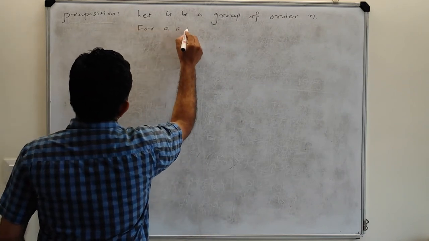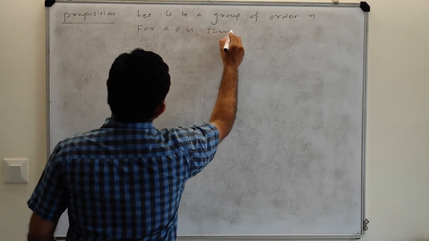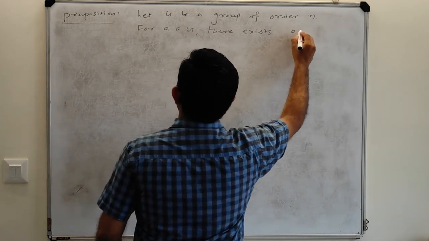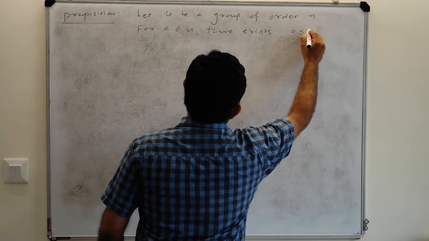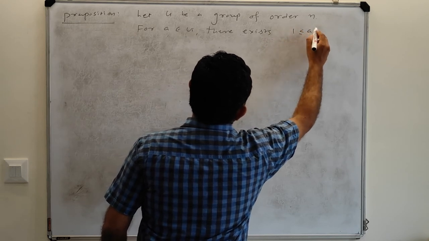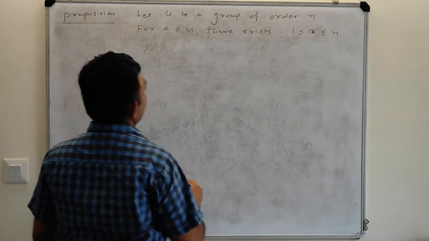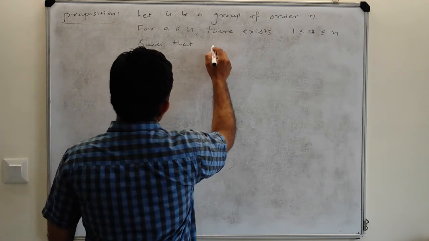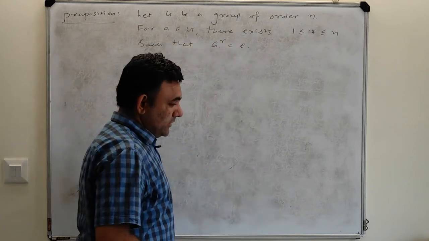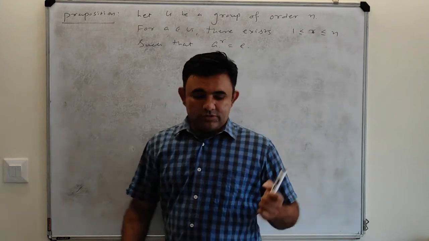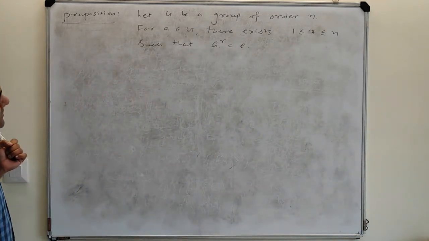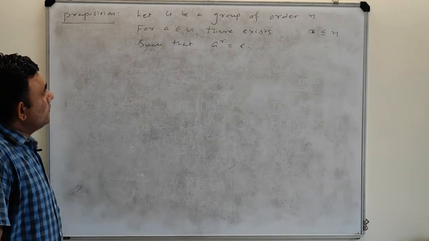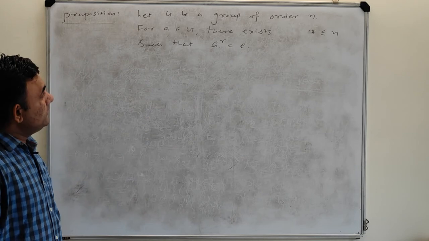For a belongs to G, there exists r less than or equal to n such that a raised to r is equal to identity.